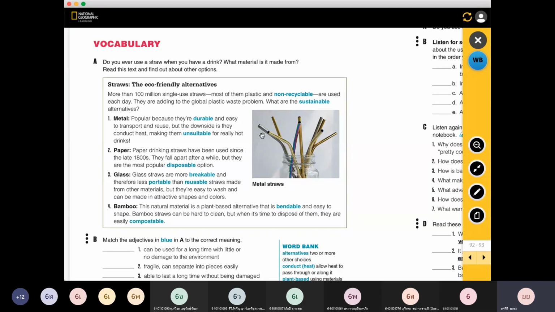I want to add this one, because when it comes to straws, you can see them everywhere. Do you still use plastic straws?